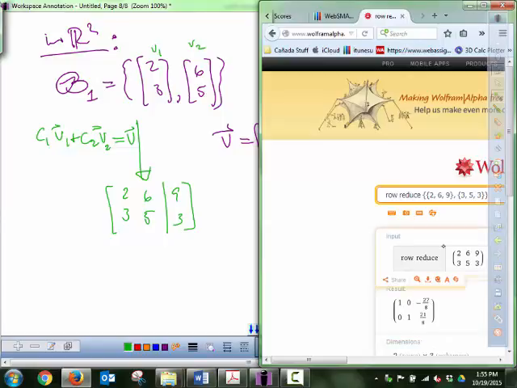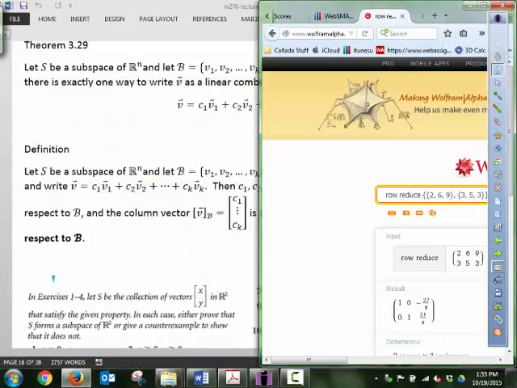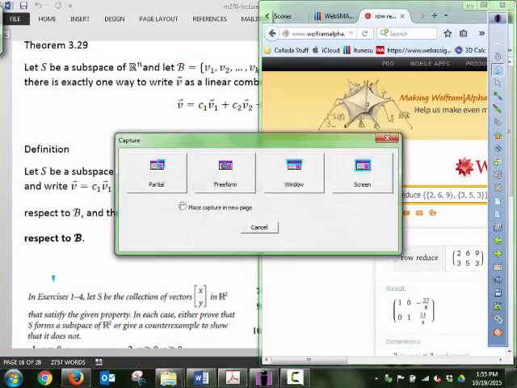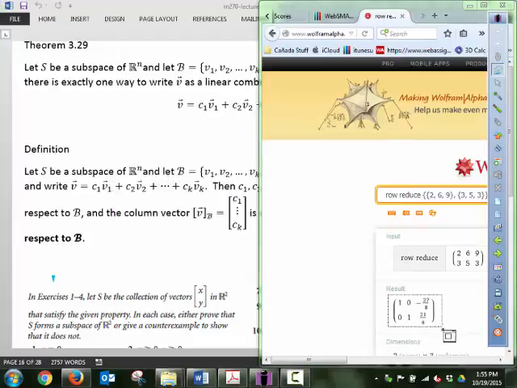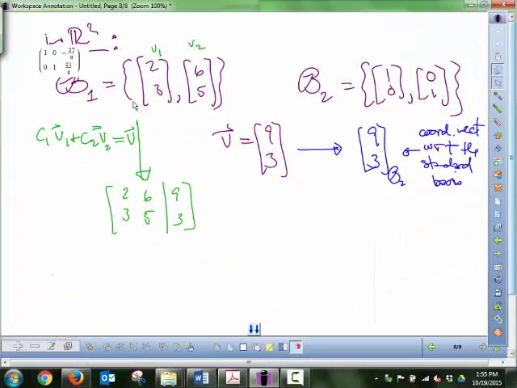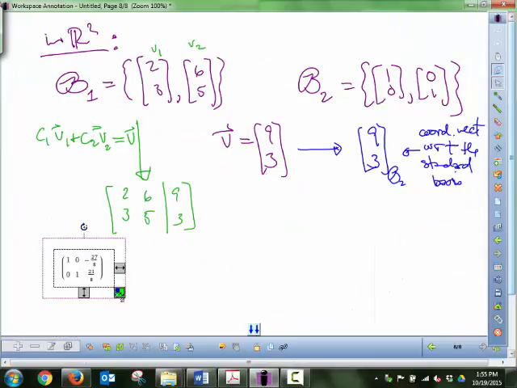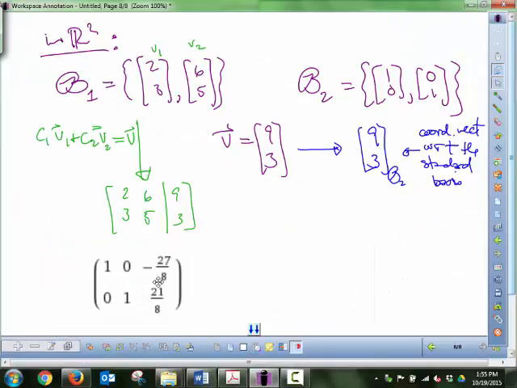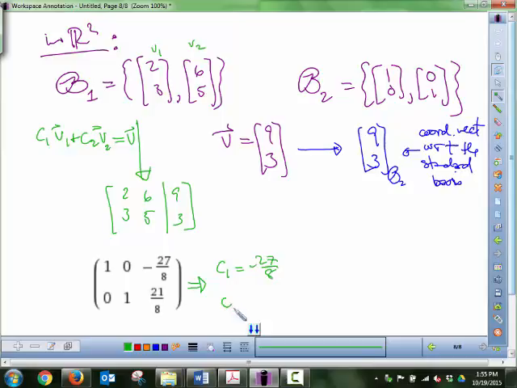If I row reduce that, I get this, which means c1 is equal to negative 27 over 8, and c2 is 21 over 8.